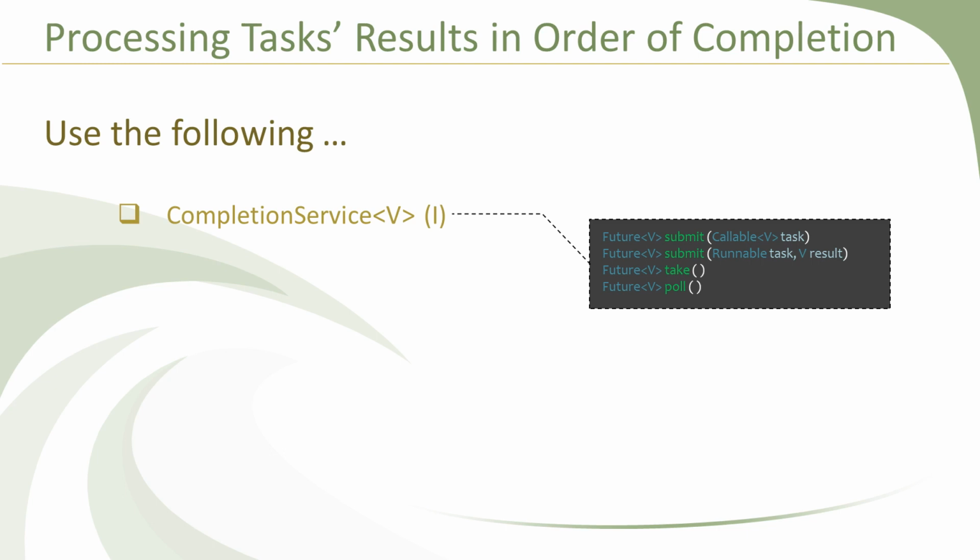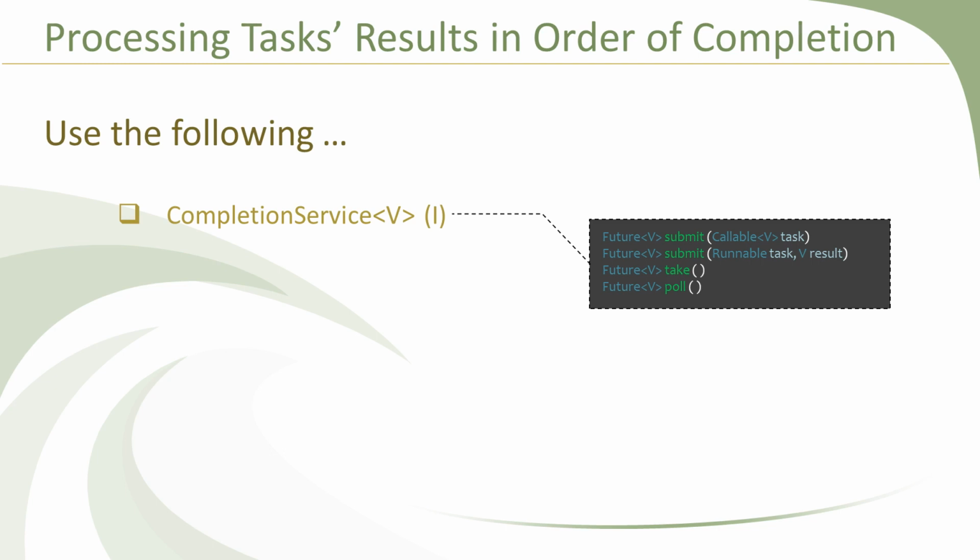If you do not want your call to block while retrieving the Future of the next completed task, you can use the poll method. It does the same thing as the take method but just does not block. If no task has completed yet when poll is invoked, it just returns null.